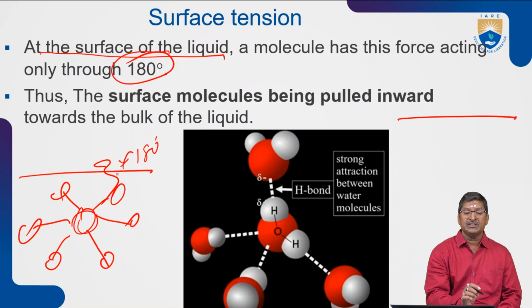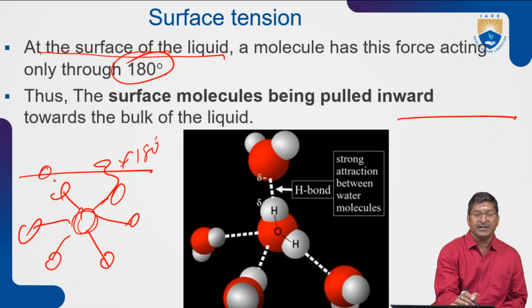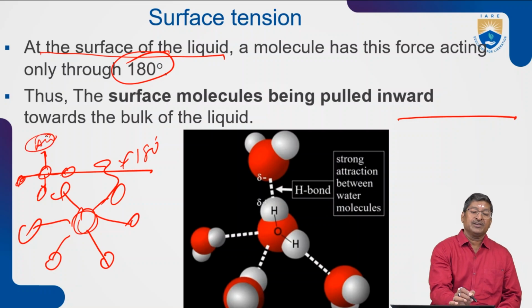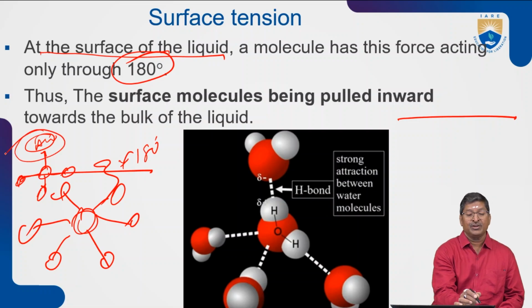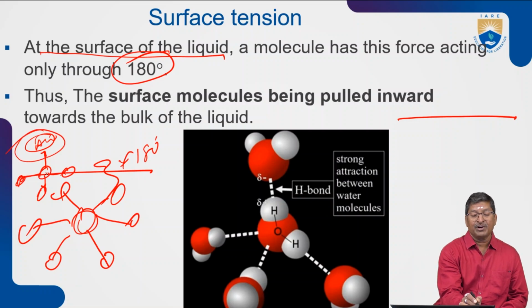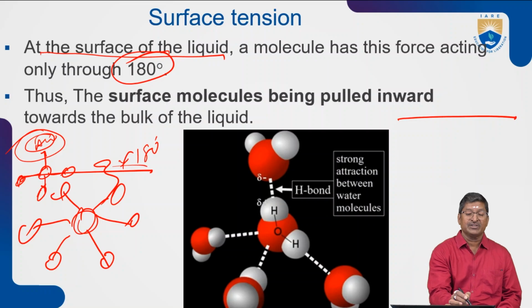But here, why is it a straight line? Here also a water molecule will be there. It will have attraction with this molecule, and this molecule, and this molecule. It is also having attraction, but here there is no water. Here it is air, so the attraction force with the air molecule is negligible. So it will attract the water molecules in this direction, so it will have 180 degrees at the surface of the water.